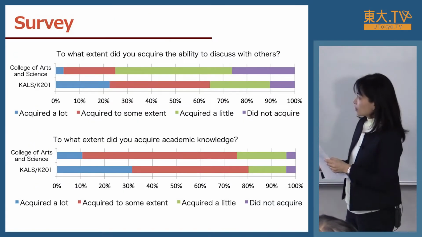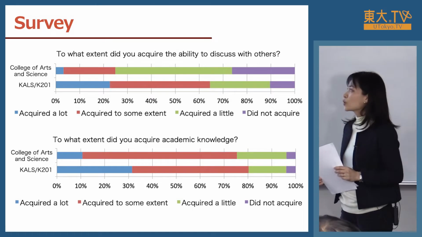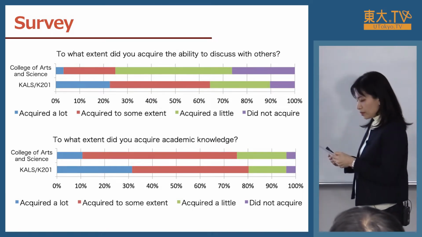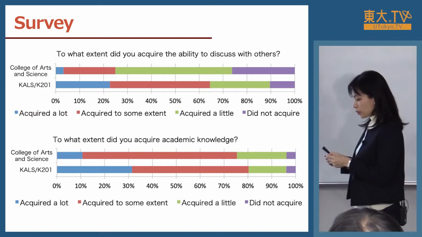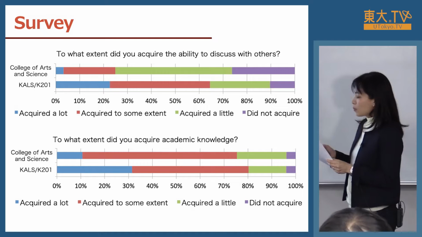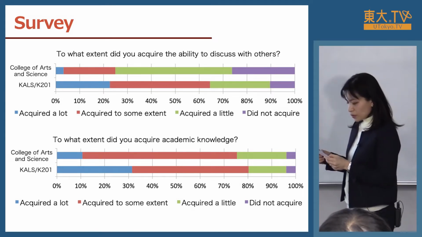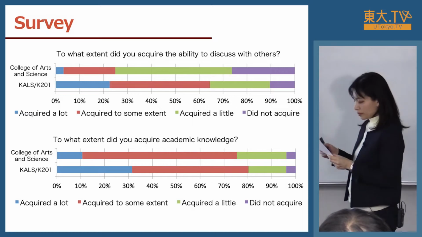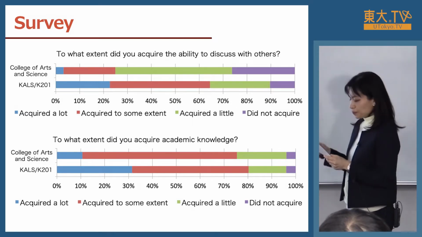And we also conduct a survey of the students taking courses in KALS and K201. The College of Arts and Sciences has been collecting responses from the students in the entire Komaba campus. So we have asked the same questions to the students in KALS and K201 and compared the two.